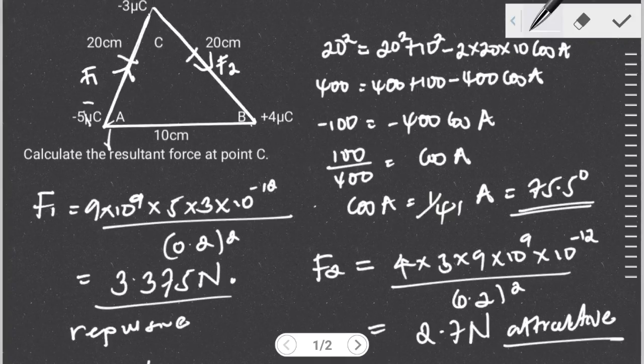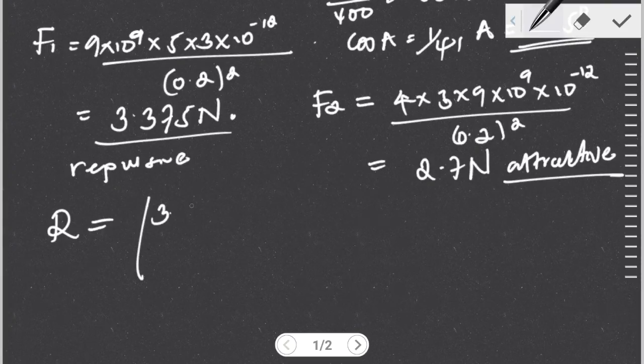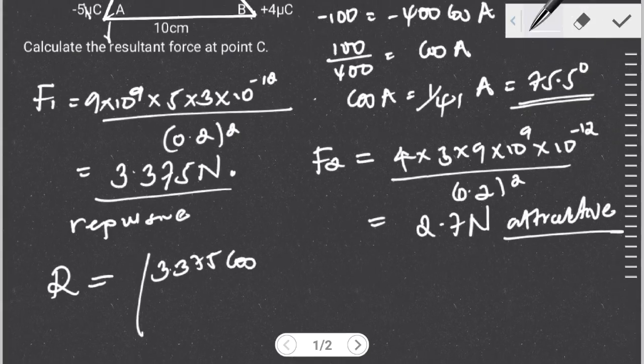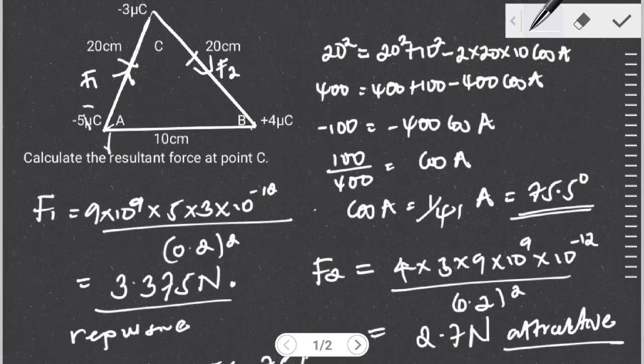Force 1 is moving in the upward direction, and if we are to get its cos, it will be moving in the positive x direction, and therefore this would be 3.375 cos of our angle, which we got here as around 75.5 degrees. Now let's get the y direction.